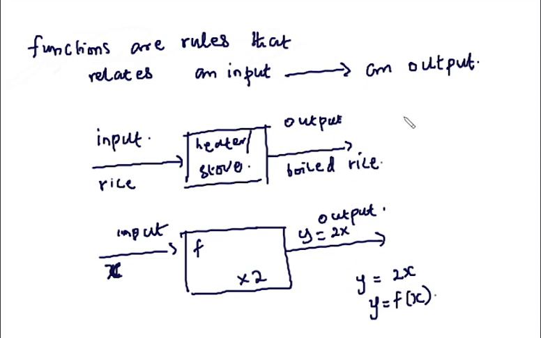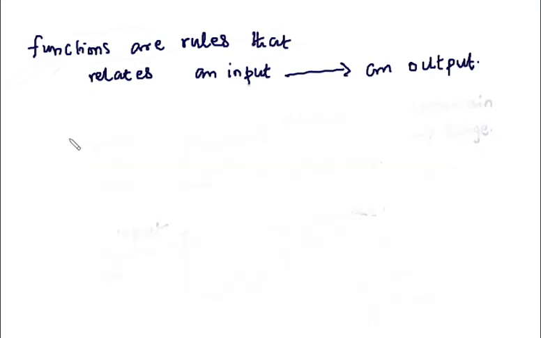Okay, so if you're talking about functions, the other things you need to talk about are the domain of a function and the range of a function. So let's say our function that we're considering here is y equals 2x. Let's say for every input we have an output, right?